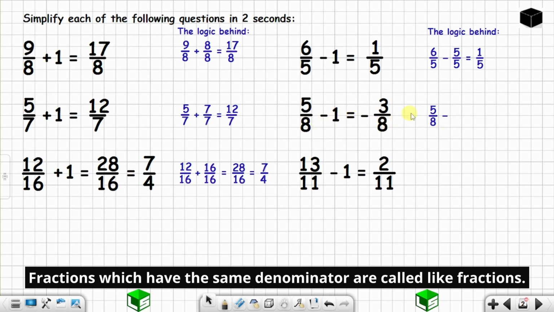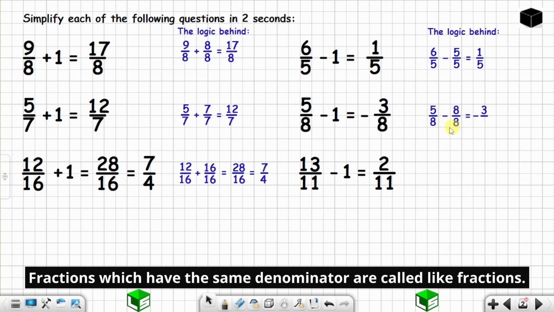So 1 can be written as 8 over 8, and 8 over 8 is 1. Now you have like fractions, so you subtract your numerators. 5 minus 8 is minus 3.